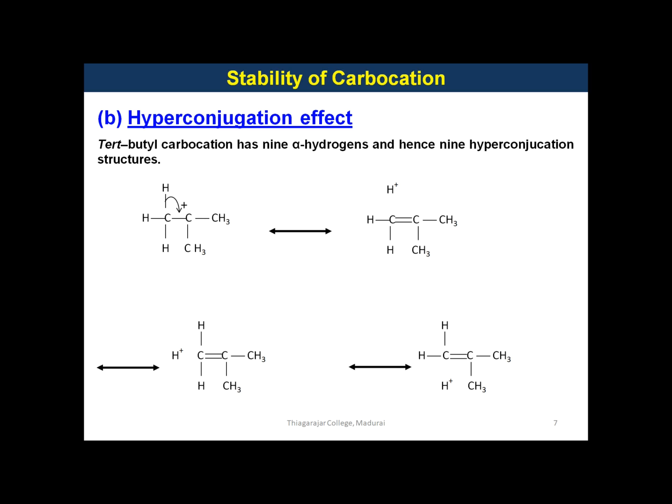If you consider secondary carbocation, where we have 2 alkyl groups, there is a possibility of 6 resonating structures, whereas primary carbocation, that is ethyl carbocation, can give 3 resonating structures. We know that the more the number of resonating structures, the more will be the stability. Hence, tertiary carbocation is most stable.